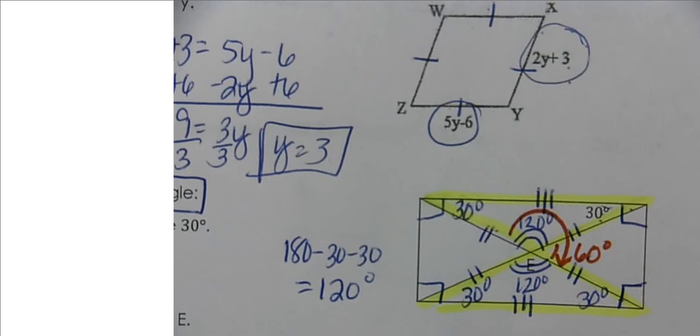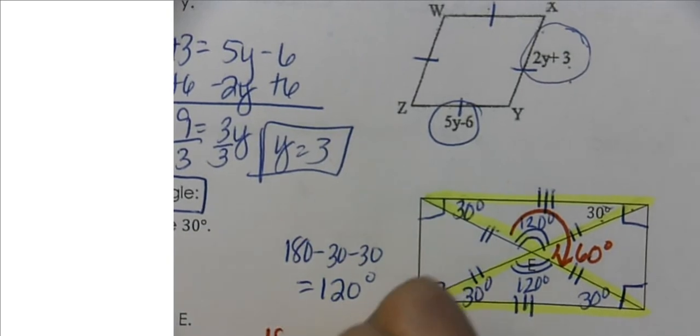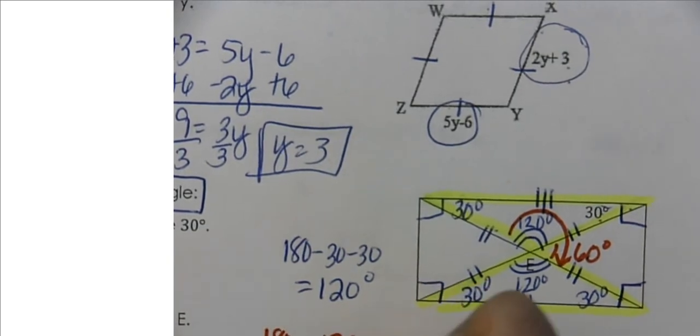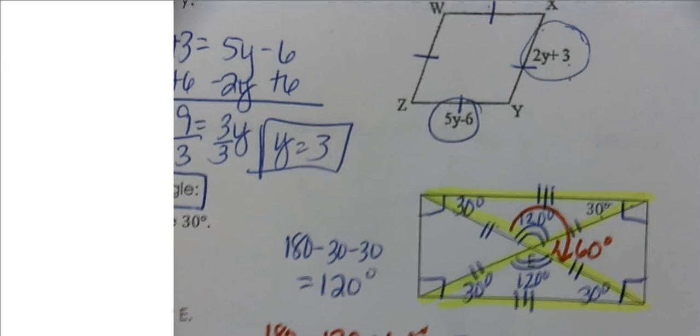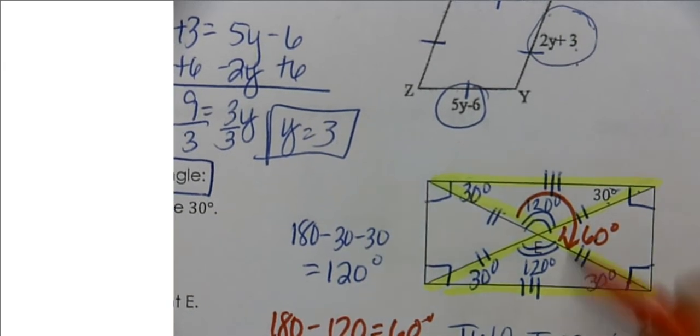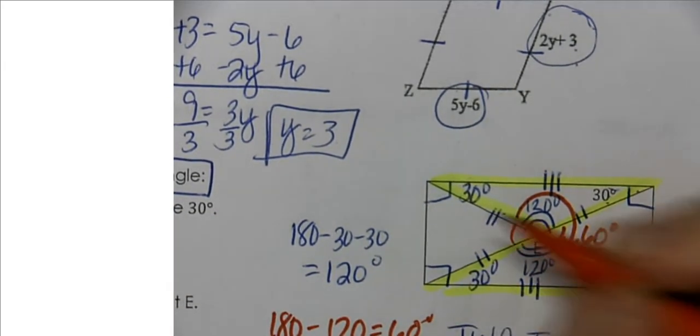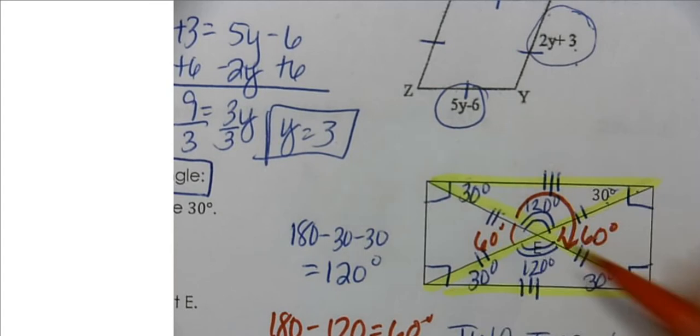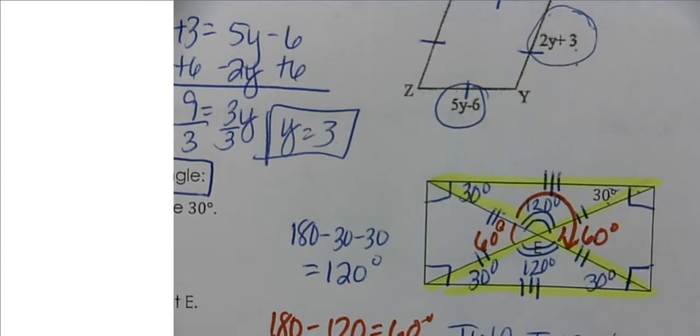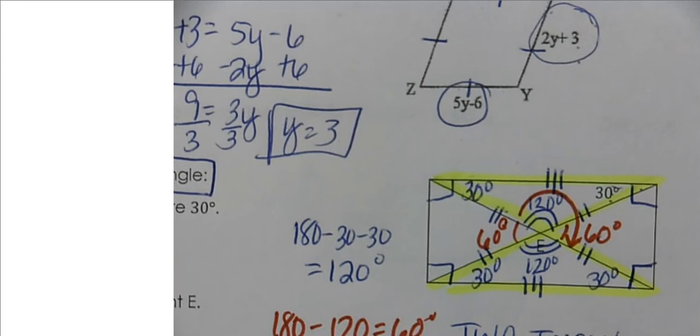That's another approach. But if you were just to go 180 minus 120, that's going to equal 60 degrees. So there's a lot of approaches. And then I'm going to work with vertical angles. That's going to say that this angle over here is 60 degrees as well. So those are all of the angles at point E.